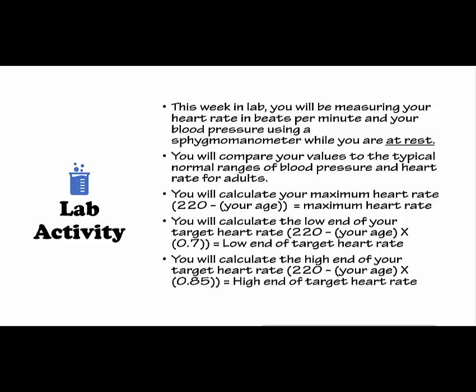You will then calculate the low end of your target heart rate by using the formula 220 minus your age multiplied by 0.7. You can calculate the high end of your target heart rate with the formula 220 minus your age times 0.85.